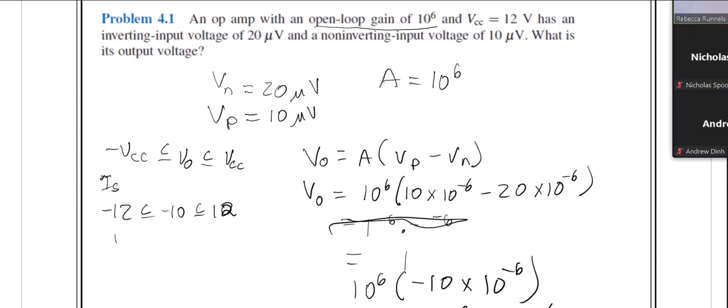And it is. If what we get is bigger than that, you say that it's in saturation. Because the absolute value of negative 10 is less than 12, it is not in saturation.